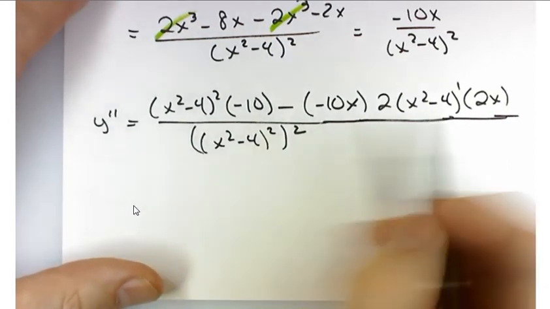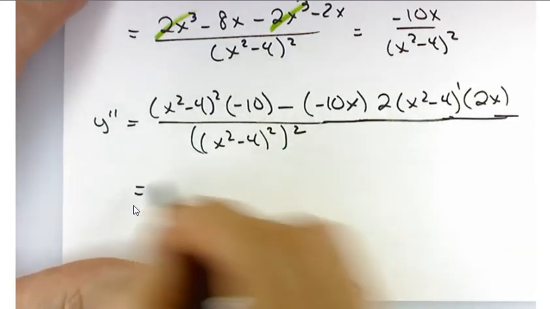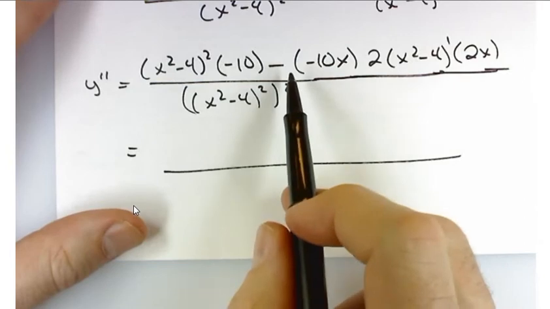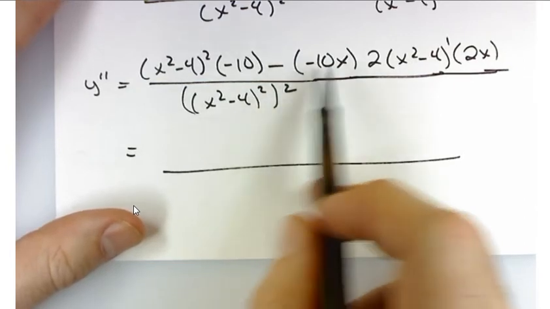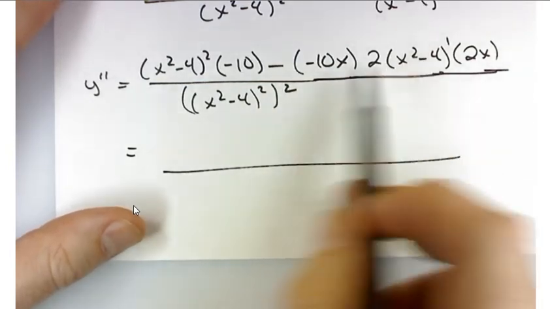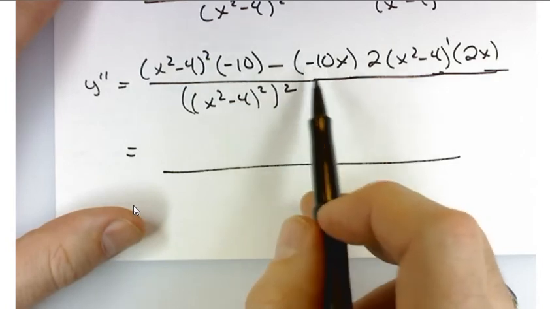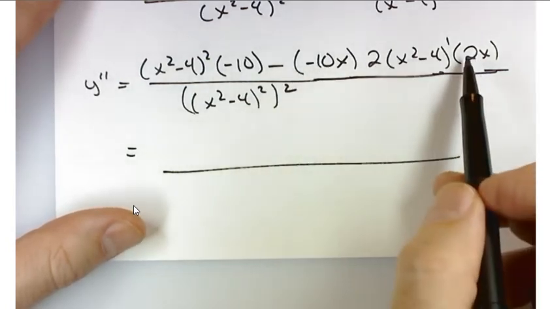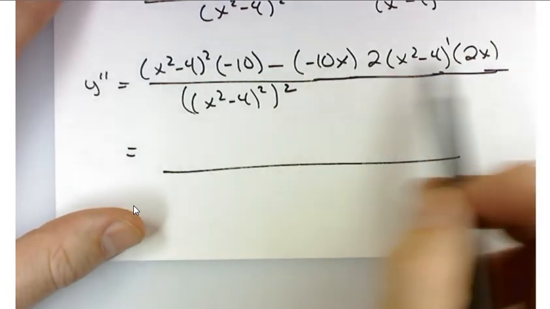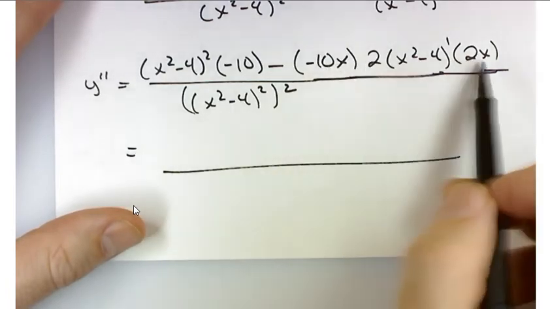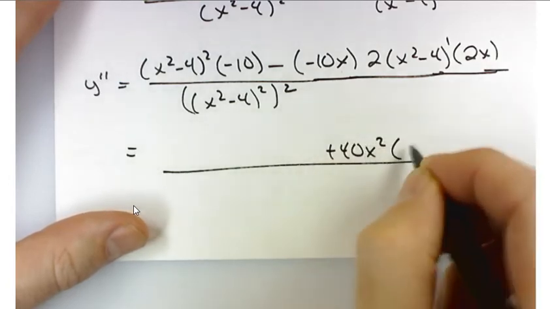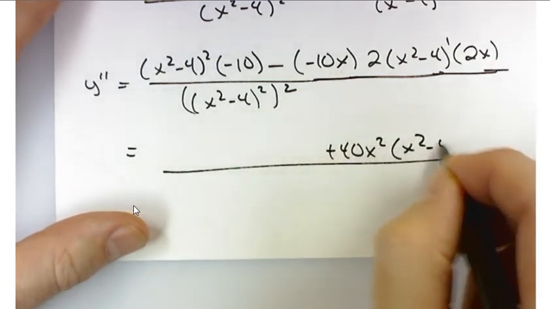Let me clean things up here in the numerator in maybe 2 steps instead of trying to do it all in one. Let's clean up all this stuff that's multiplying this binomial. I've got a minus and a minus. That's going to be a plus, a 2, and another 2, and a 10. So that's going to be 40x squared. So I'll have a plus 40x squared times x squared minus 4.